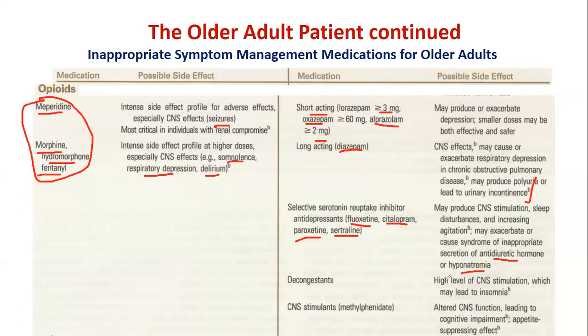Now, decongestants, a high level of central nervous system stimulant, may lead to insomnia. CNS stimulants alter CNS function and lead to cognitive impairment and also appetite suppressing effect.